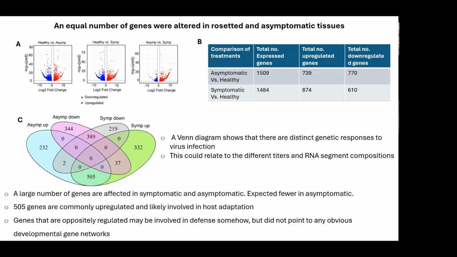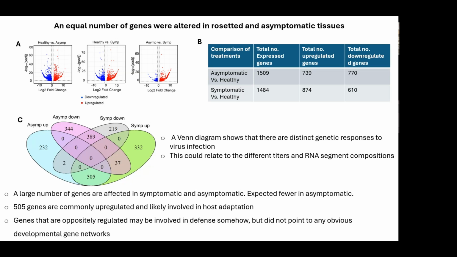We got a total of 1509 differentially expressed genes: 739 genes were upregulated and 770 genes were downregulated. Then we went on to find out which genes these are.